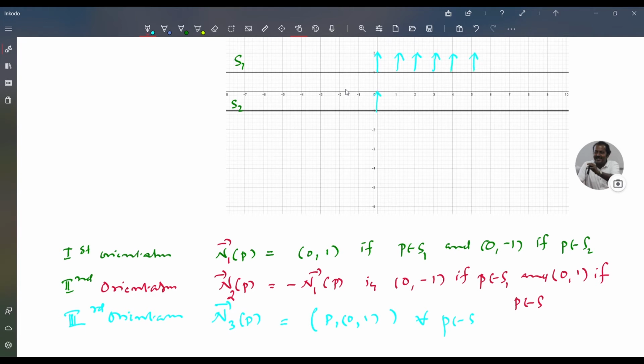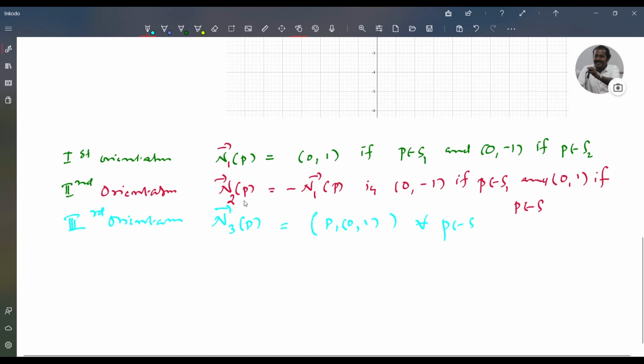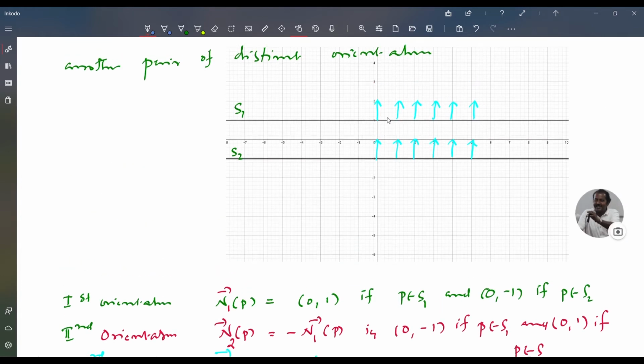Here also you are assigning the vector (0, 1). And fourth orientation, n4 of p is (p, 0, minus 1) for all p in S. So that is this vector. At each point p you are assigning (0, minus 1). Etcetera.